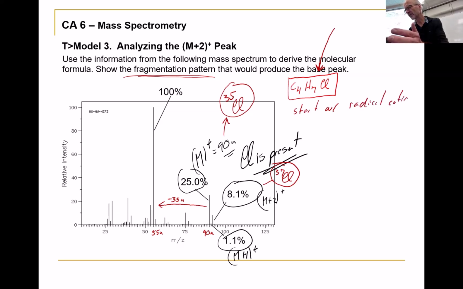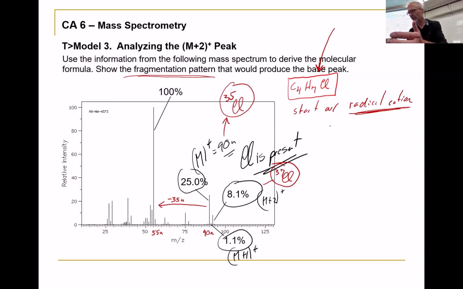And this is something that seems to be forgotten, or I somehow am not able to help students connect that when I'm asking for a fragmentation pattern, you're starting with the particle that is your molecular ion. So not the formula of the compound, but it would look something like this.